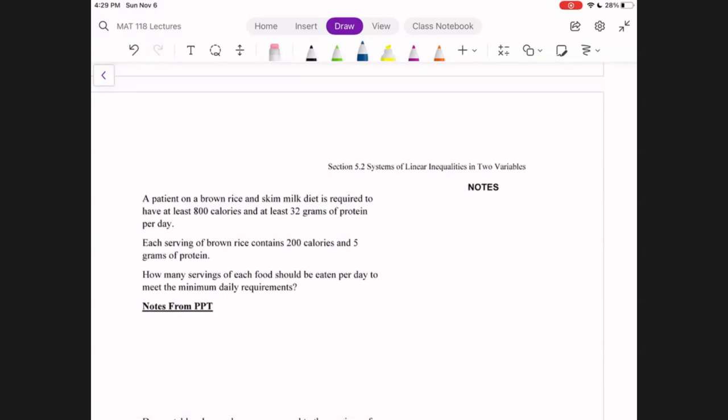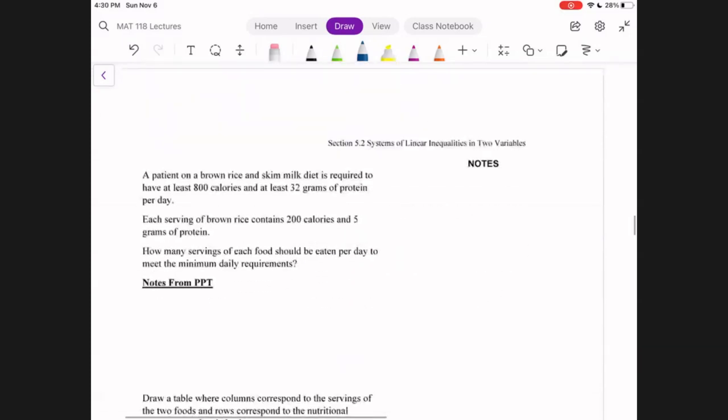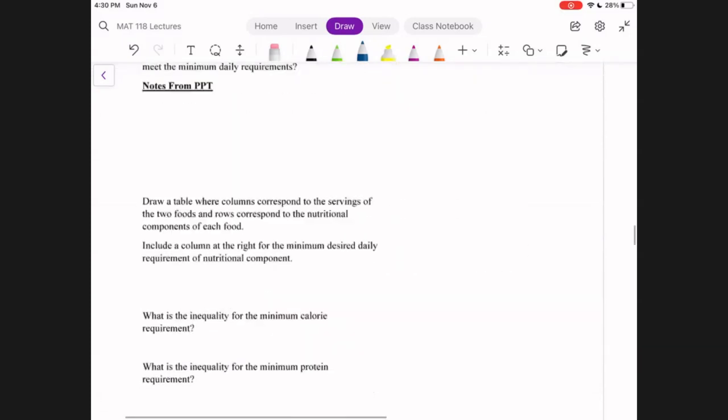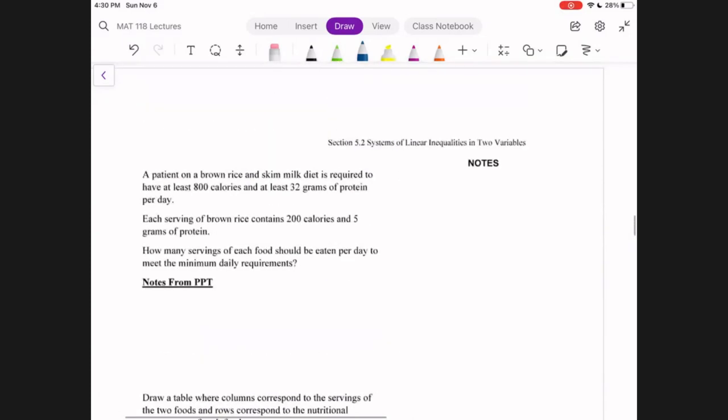Each serving of brown rice is 200 calories and 5 grams, and each serving of food, how many servings of food should be eaten each day? Does it have the skim milk somewhere? So this one, let's see, I think it's leaving out.